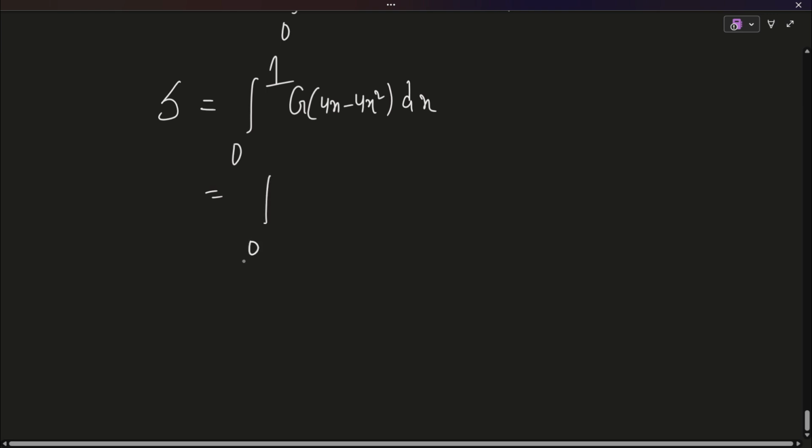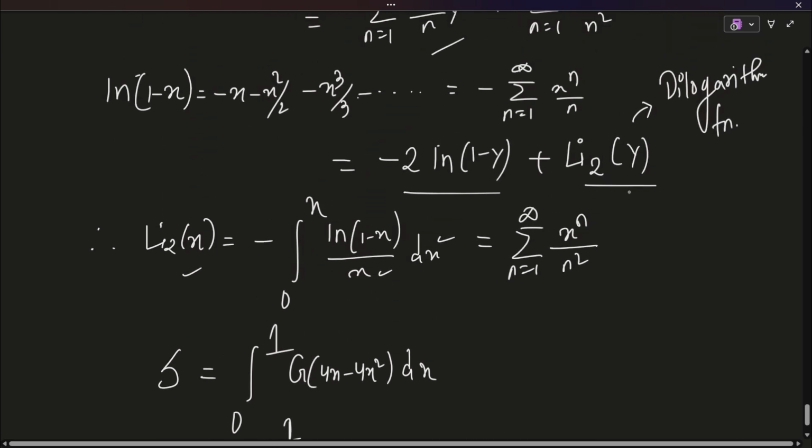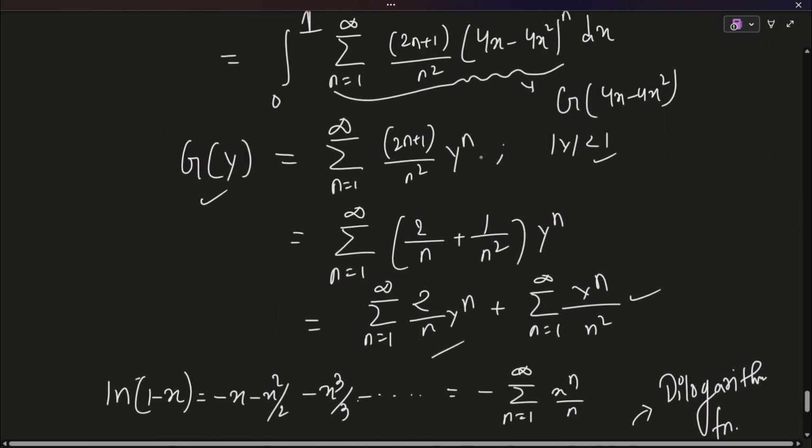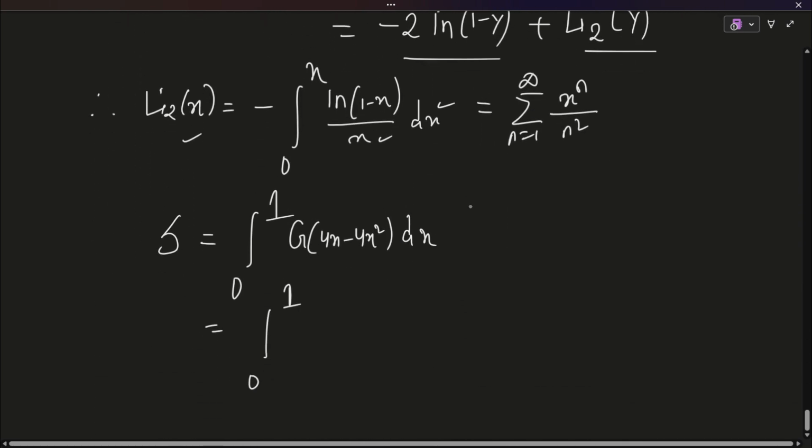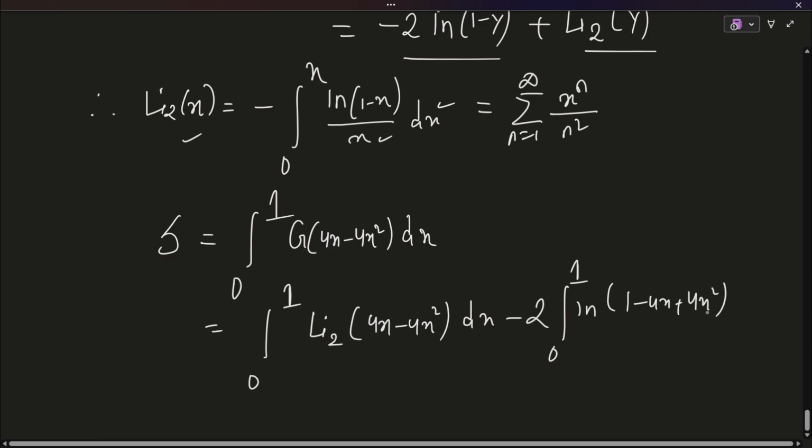We evaluated that this function is equal to minus 2 ln of 1 minus y plus Li₂(y), right? So we would write this as the integral of Li₂, that is dilogarithm, of 4x minus 4x² dx, minus 2 times the integral 0 to 1 of ln of 1 minus 4x plus 4x² dx.